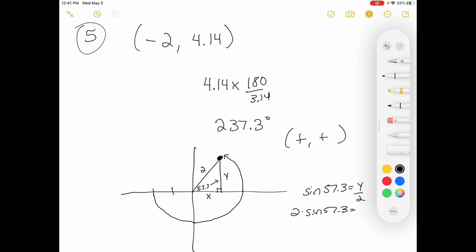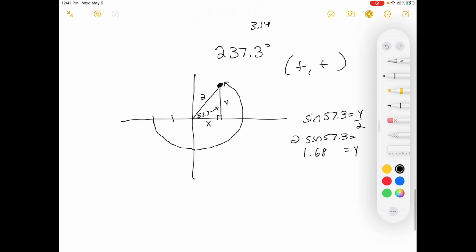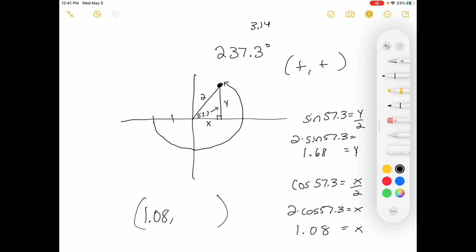I get 1.68 for y. All right, let's do cosine for x. Cosine 57.3 equals x over 2. 2 times cosine 57.3 equals x. I get my x is 1.08. So my coordinate: my x is 1.08, my y is 1.68.